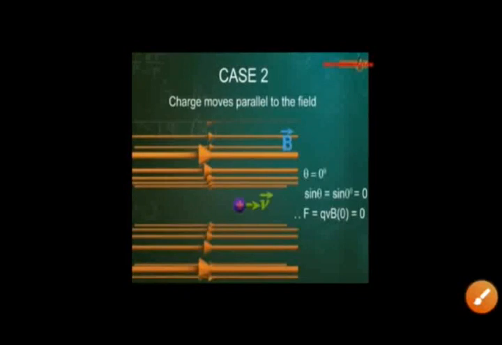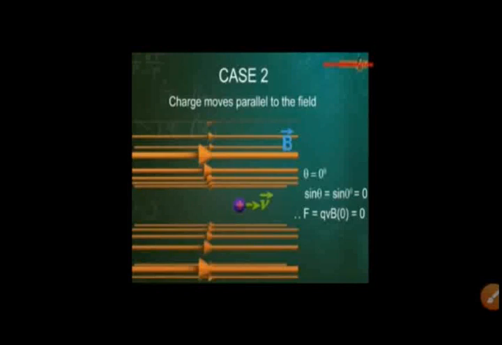Second case is when the charge moves parallel to the magnetic field. Here we can see the charge is moving in the same direction as that of magnetic field. That is, velocity and magnetic field both are in the same direction. Therefore, the angle theta between velocity and the magnetic field equal to 0 degree.